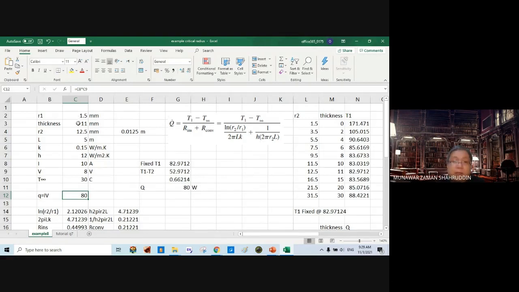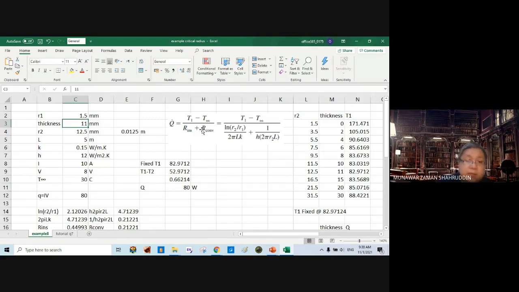Let's say we don't have an insulator. Of course we will have only convection, because there is no conductivity from the insulator, since R is 0. So it is dictated, or dominated, by that h.